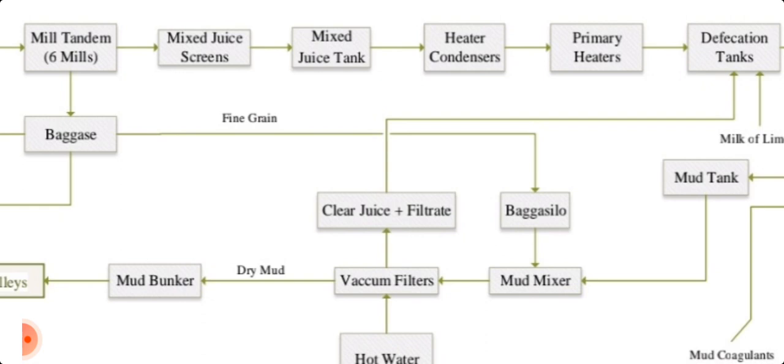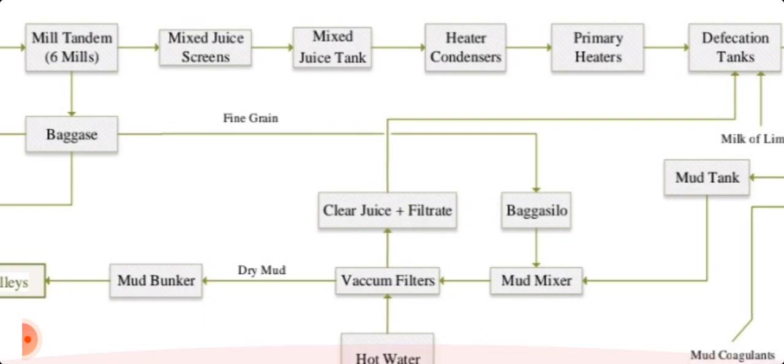In the vacuum filter, clear juice and filtrate are separated. This clear juice and filtrate, as you can see above, go to the defecation tank, and the remaining dry mud, from the left side, goes to the mud bunker.